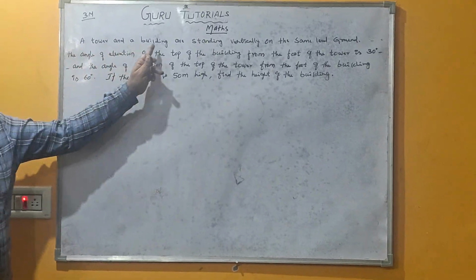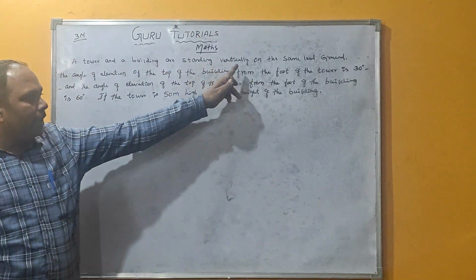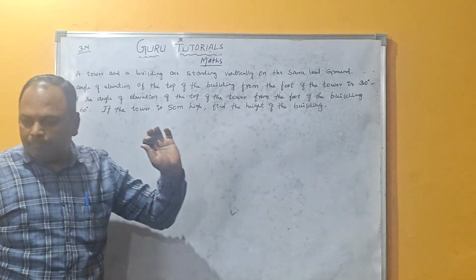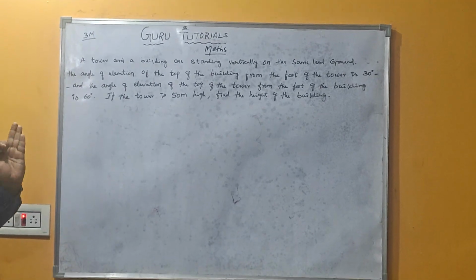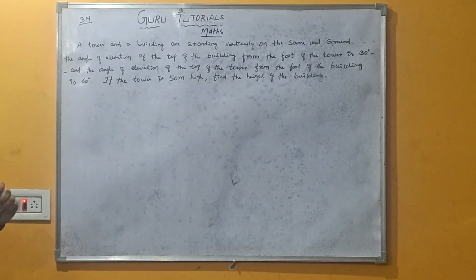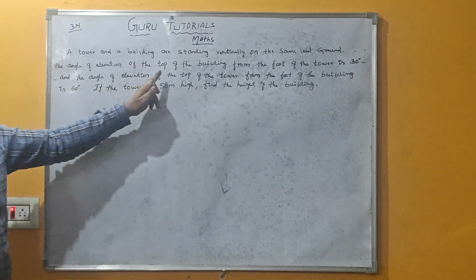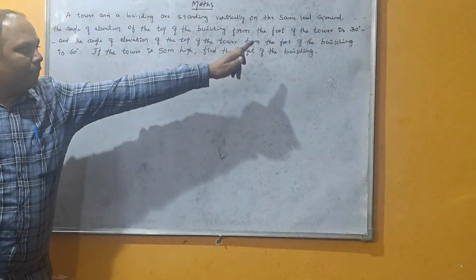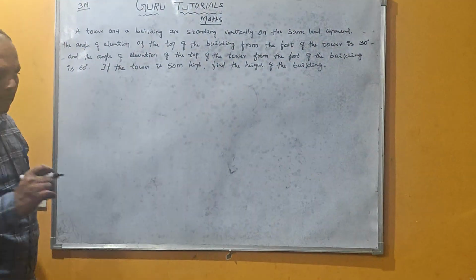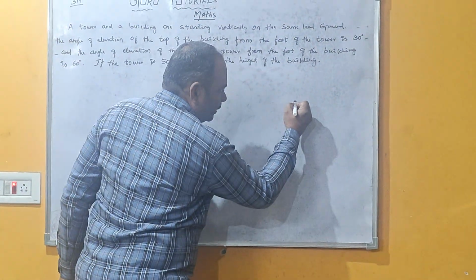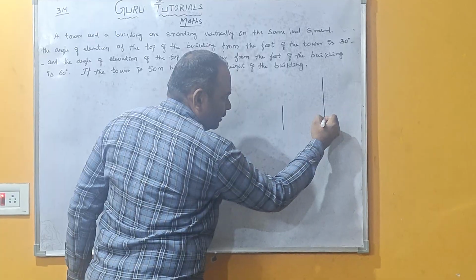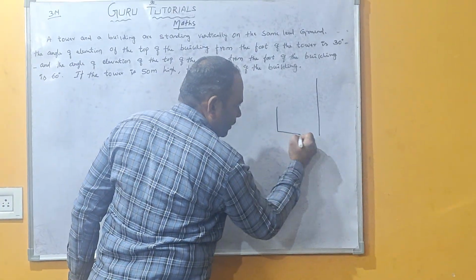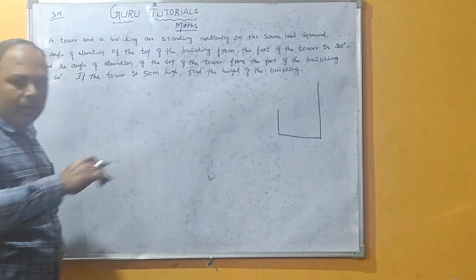A tower and a building are standing vertically on the same level ground. The angle of elevation of the top of the building from the foot of the tower is 30 degrees. So, this is a building and this is a tower standing on the same level ground.